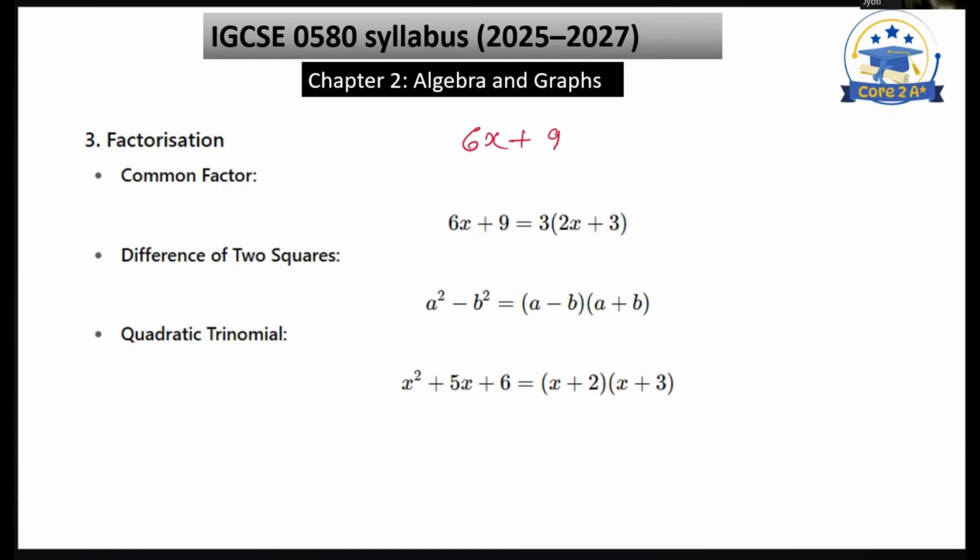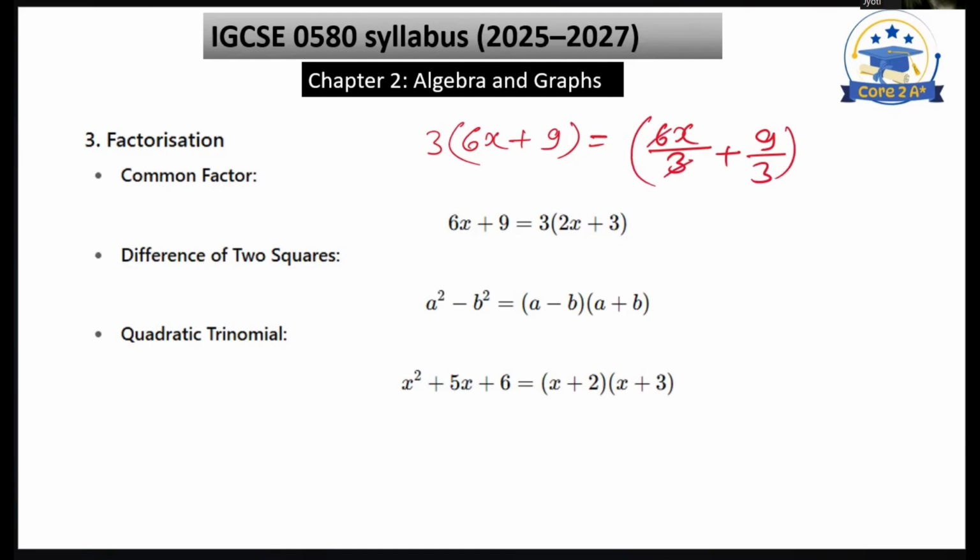6x plus 9. By what number can we divide both 6 and 9? Choose a number who can divide 6 as well as 9. 3, obviously. So 3. 6x divided by 3 plus 9 divided by 3.